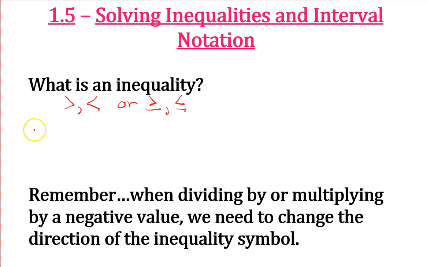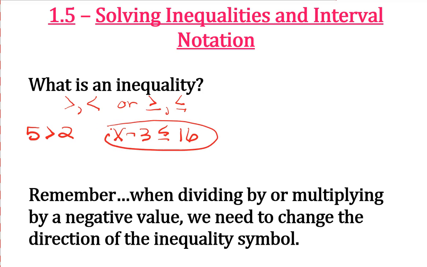Things like 5 is greater than 2 is considered to be an inequality, or x minus 3 is less than or equal to 16. That's considered to be an inequality. In this section, we're going to be looking at situations that look a little bit more like this, as opposed to something like just basic, like 5 is greater than 2.